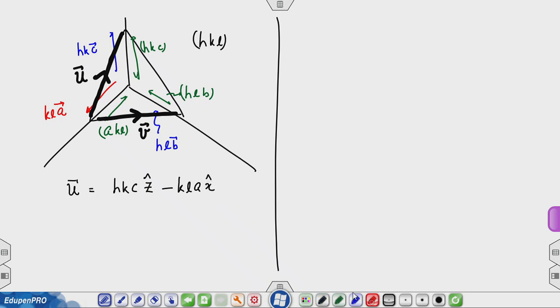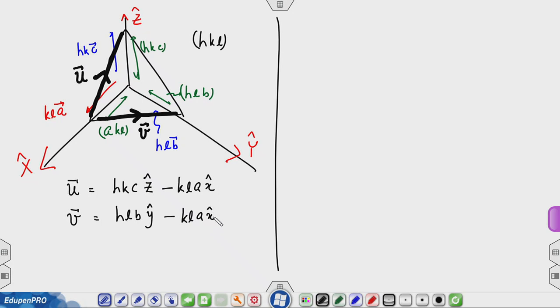I am taking this to be x, this to be y, this to be z. I need to do that so that taking the cross product becomes easy. V is equal to h l b in the y direction minus k l a in the x direction.